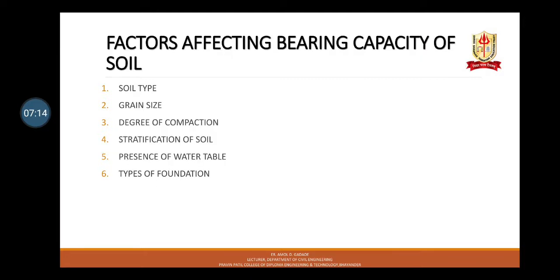Other factors affecting bearing capacity of soil are soil type, grain size, degree of compaction, stratification of soil, presence of water table, and types of foundation.